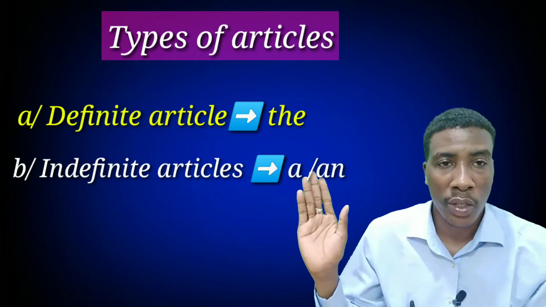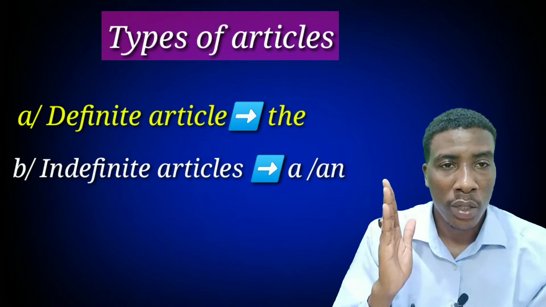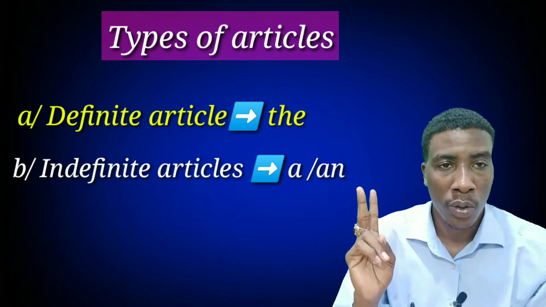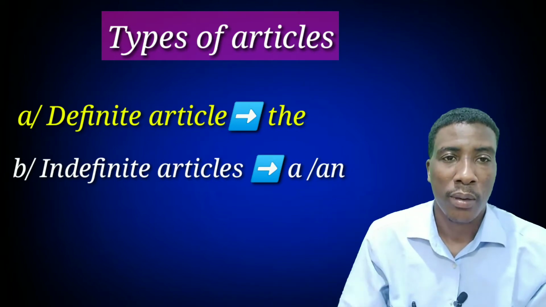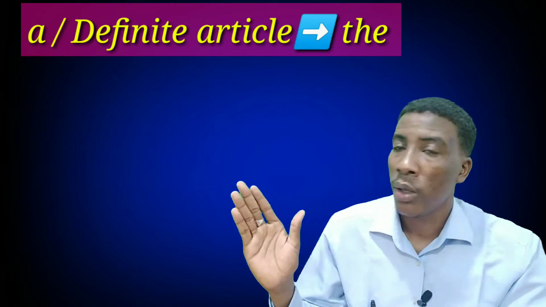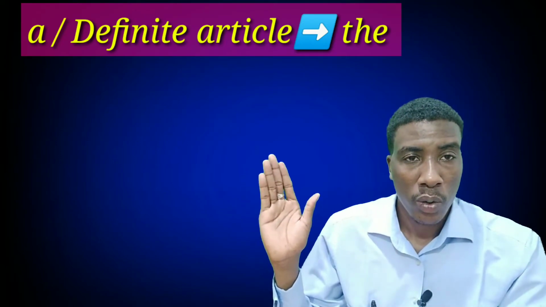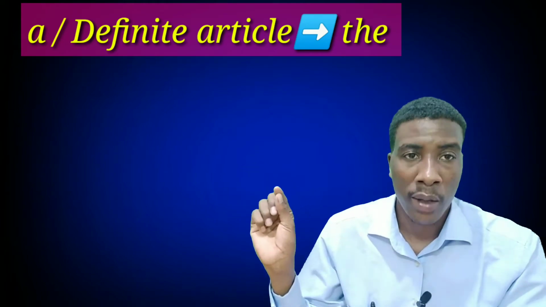For the definite article, we have only one word, the. The is the definite article, and a and an are the indefinite articles. So let us start with the definite article, and we need to know the uses of the article the.